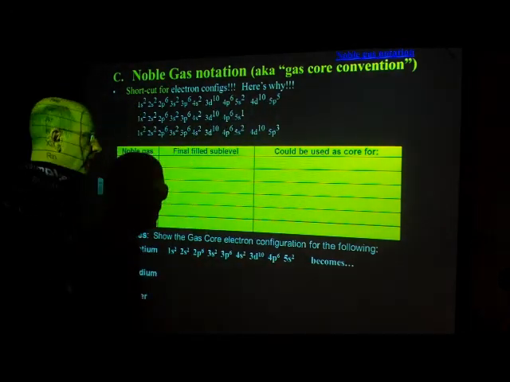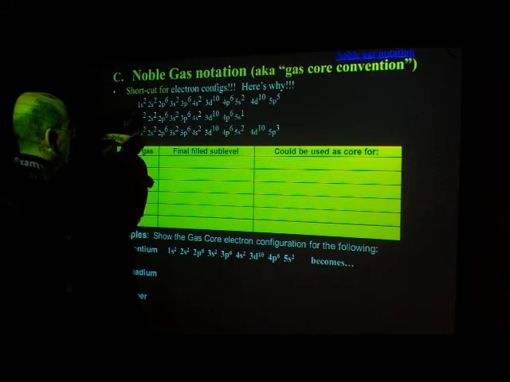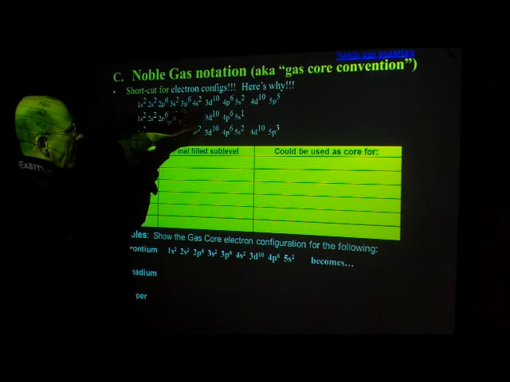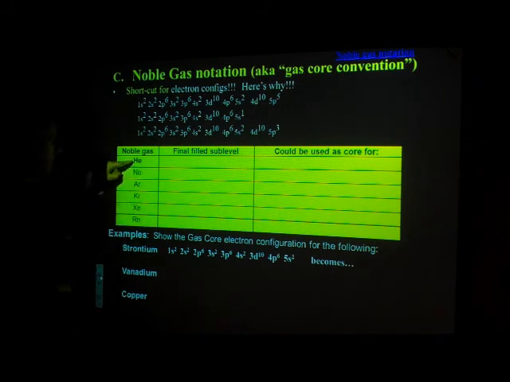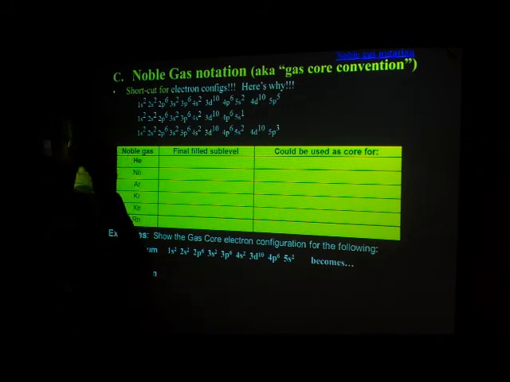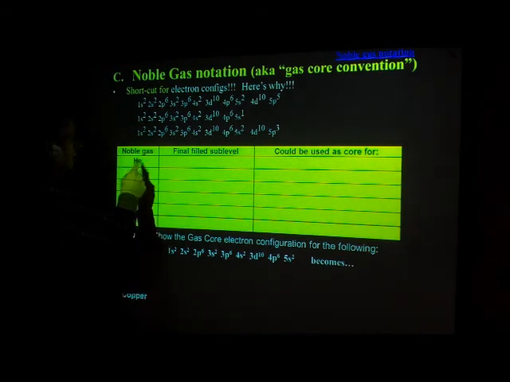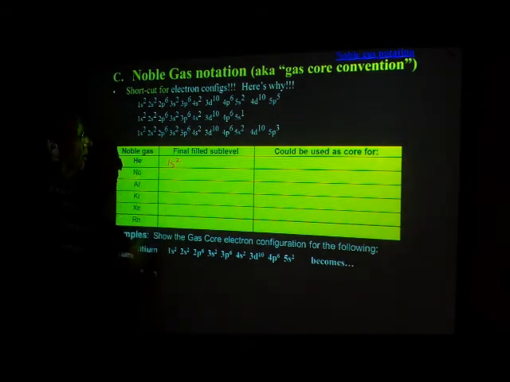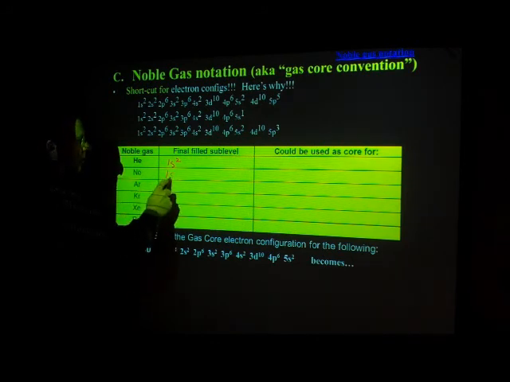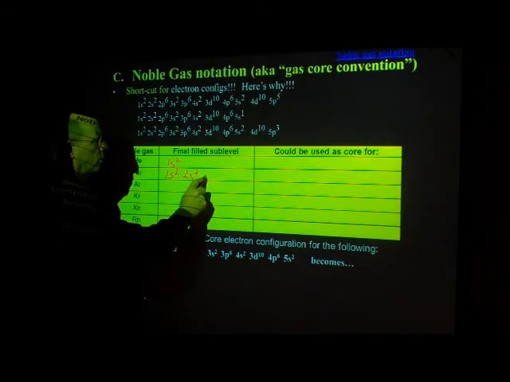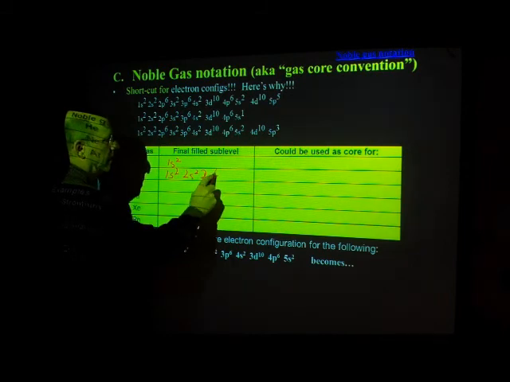Here's what you do: you find the biggest noble gas that would fit in there, and grab your periodic table. There's helium, neon, argon, krypton, xenon, and radon. So what do they look like? Helium has 2 electrons, so 1s2, and we're done. Neon has 10 electrons, so we'd write 1s2, 2s2, 2p6.